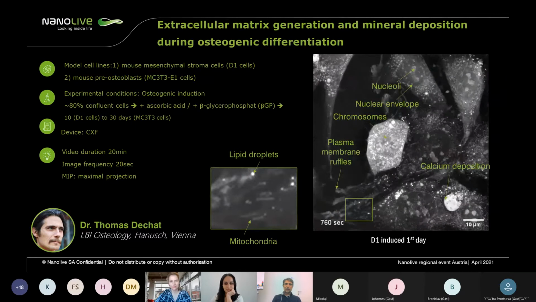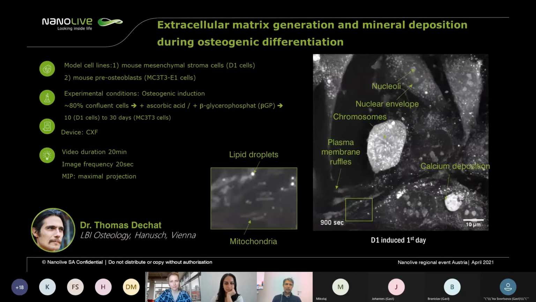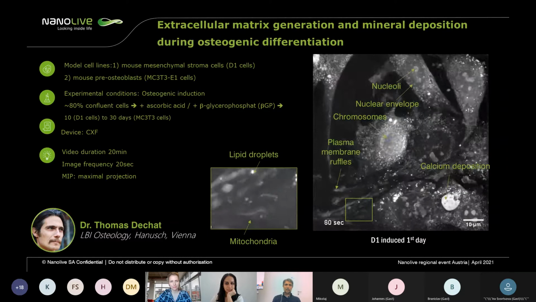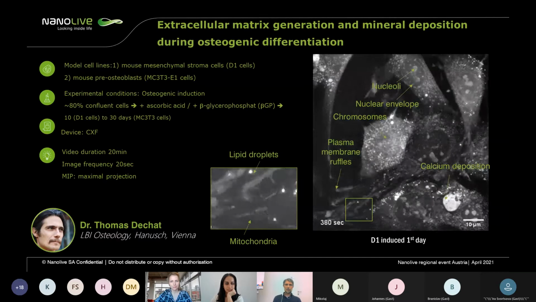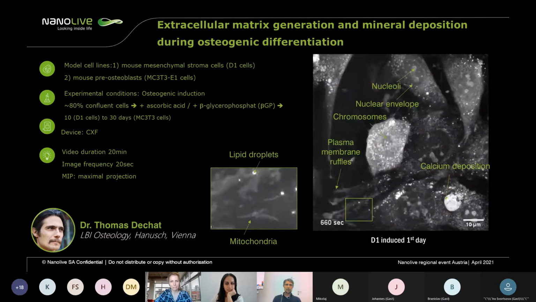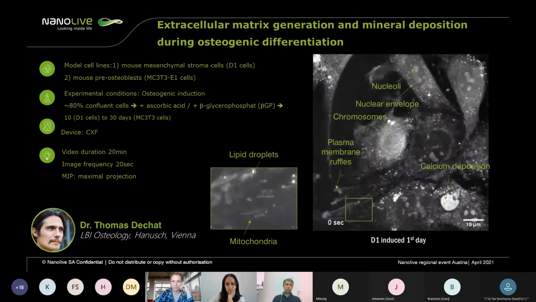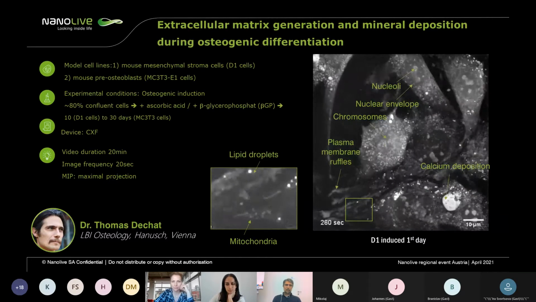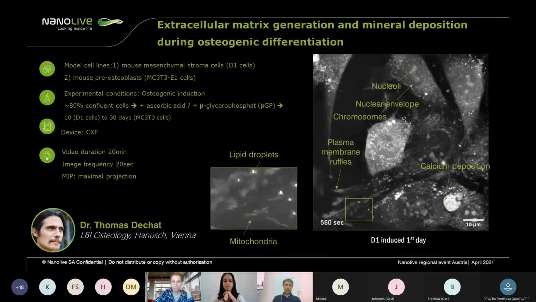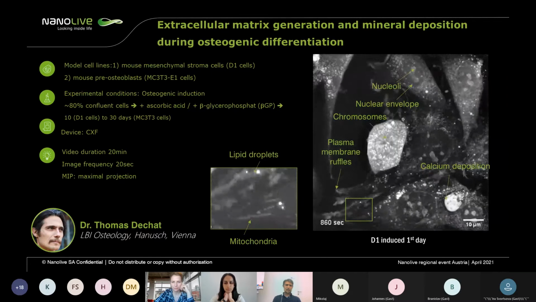We mostly use 2 model cell lines in our lab, which are mouse mesenchymal stroma cells, so-called D1 cells, and mouse pre-osteoblast MC3T3 cells. Both cell lines can be differentiated into osteoblasts and even into osteocytes, if everything is perfect.